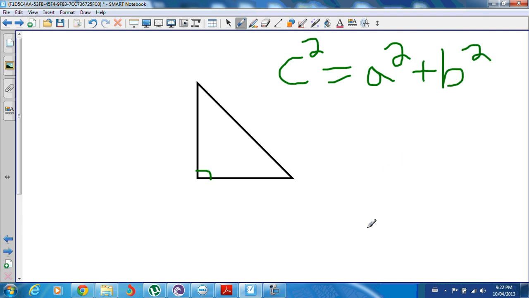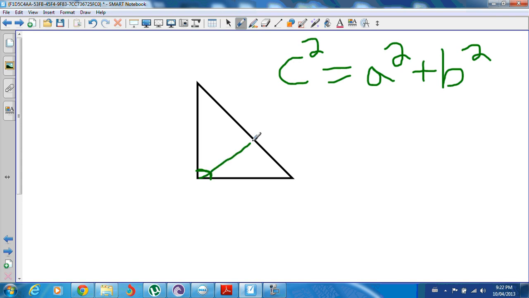So all it's saying is, if you take one side and you square it, and then you add it to the other side and you square it, it will always be equal to the third side if you square it. So here's the first thing you do when you have any right triangle. First, you find the 90-degree angle, which is this one right here.